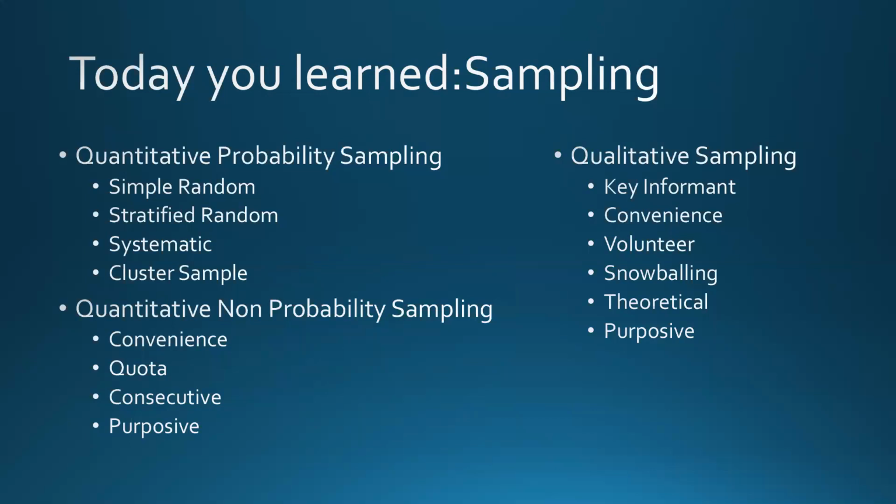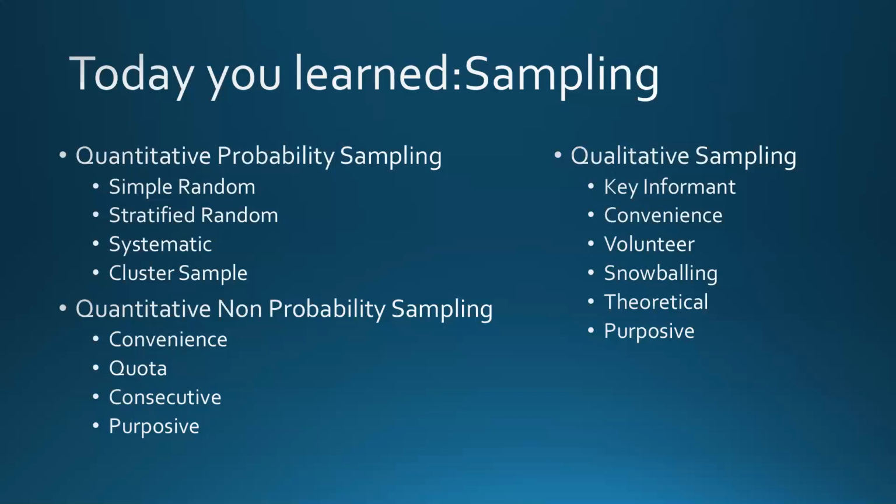And remember, probability sampling means that we can tell cause and effect. And then for non-probability sampling, we have convenience, quota, consecutive, and purposive. These samples are not for causality. These samples are for a relationship. So that's called a correlation. So non-probability, think correlation or relationship sampling.